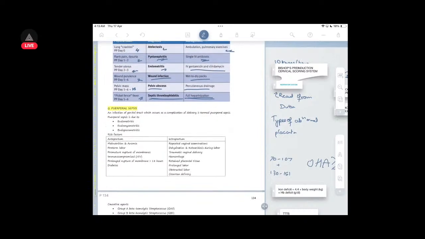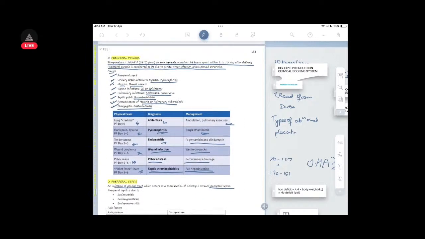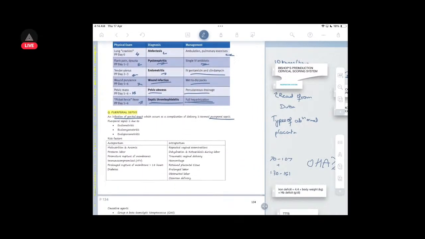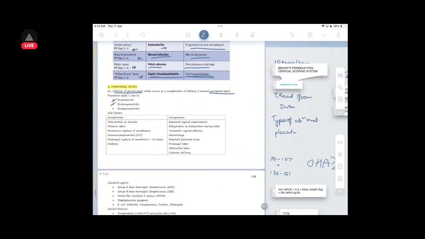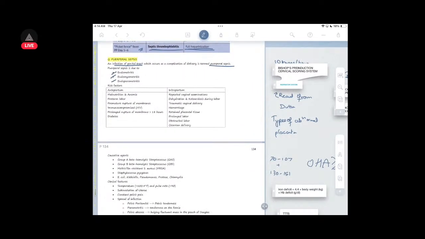Puerperal sepsis. Infection of the genital tract which occurs as a complication of delivery is termed puerperal sepsis, due to endomyometritis, endoparametritis.